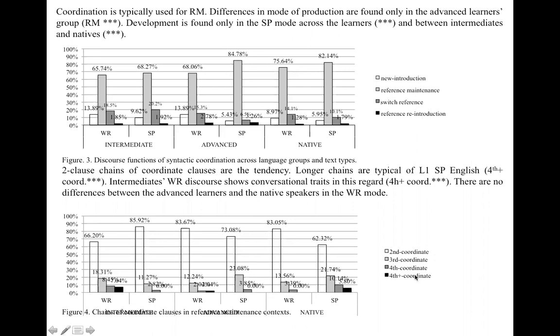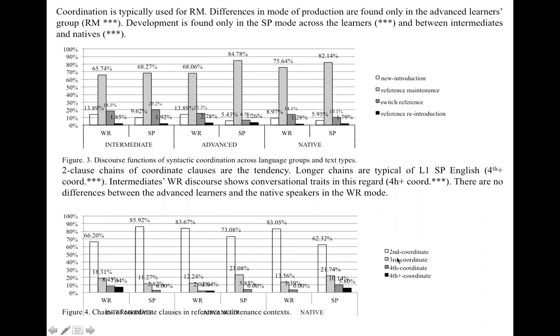Now, in terms of the length, or how many clauses there are in our learners' texts, what we can see is that 2-clause chains of coordinate clauses are the tendency. Okay, so in all cases, over 50% of the choices are of 2 coordinate clauses.